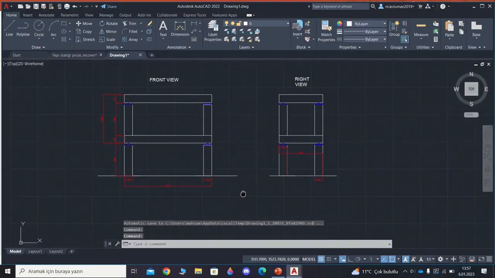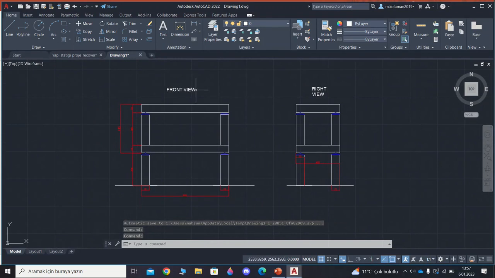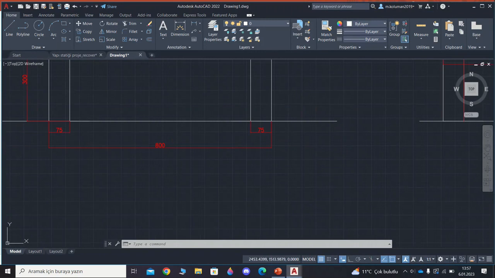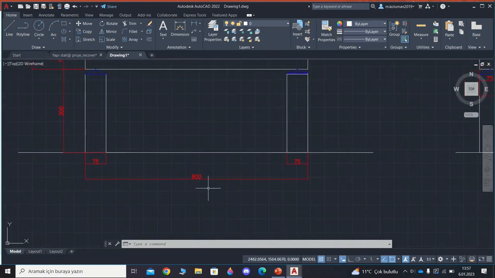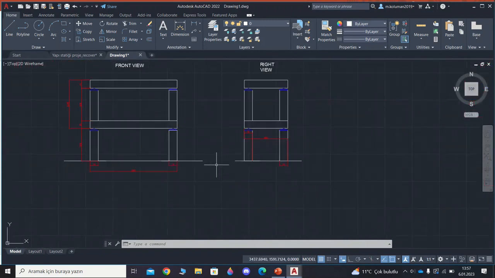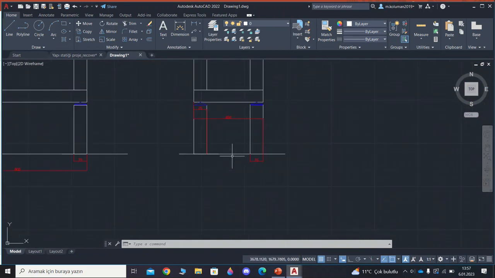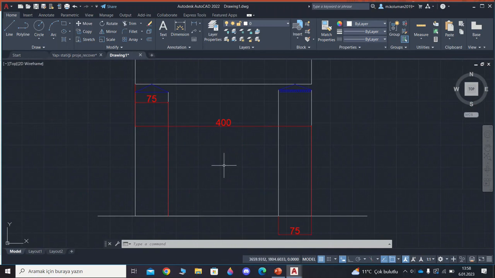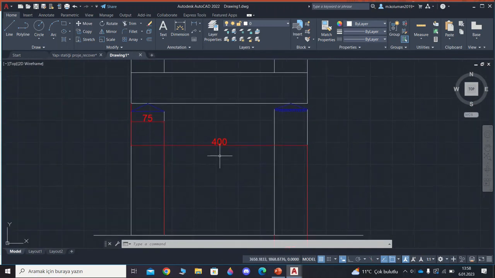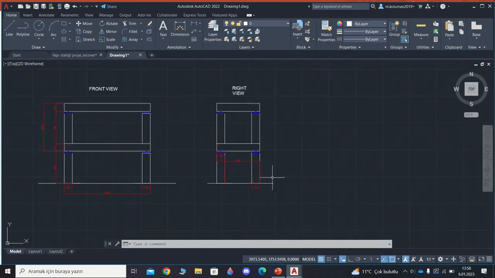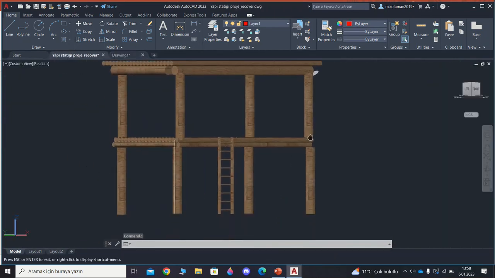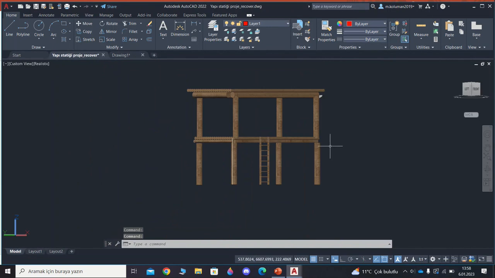You see the front view and right view, 8 meters, and this is the right view. The chunk span is 4 meters, and finally I want to show you the 3D view.